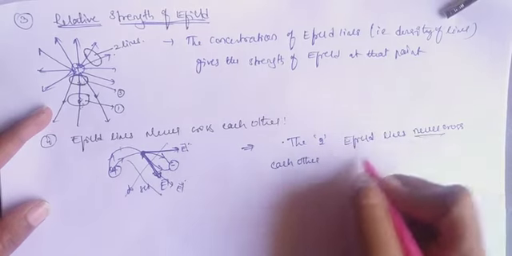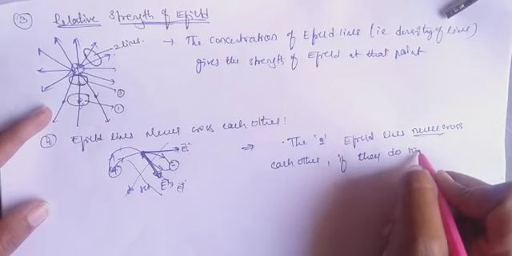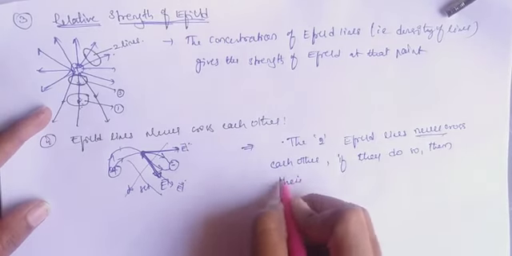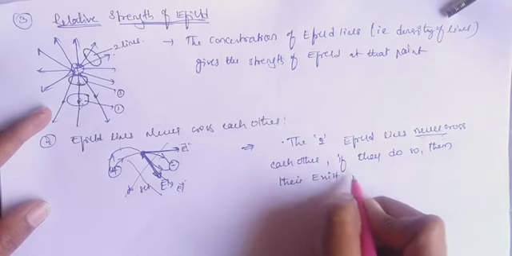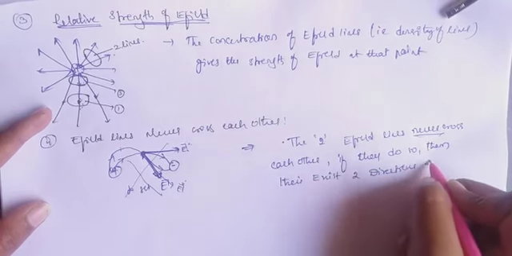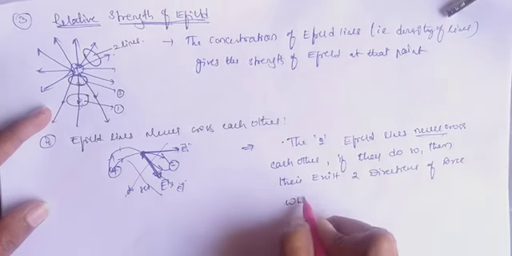If they do cross, then there exist two directions of force or field force, which is not possible.